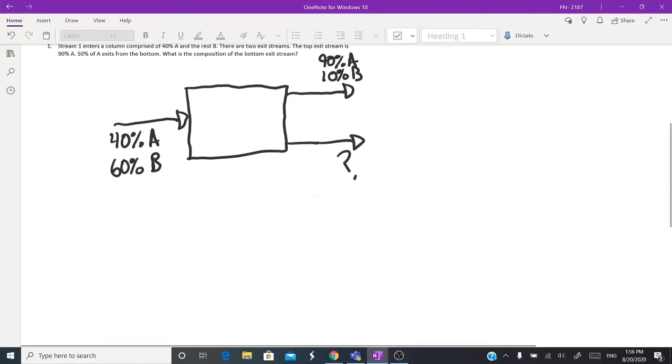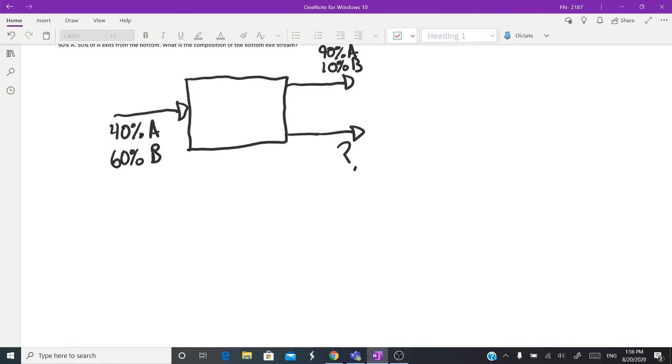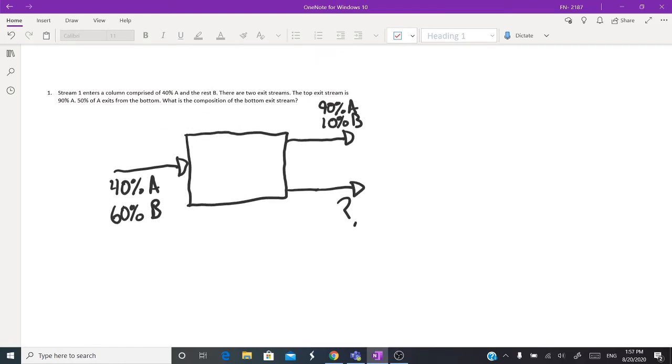In order to figure that out, we set up a material balance. You can start with an overall material balance, and your overall material balance is that M1 is equal to M2 plus M3.